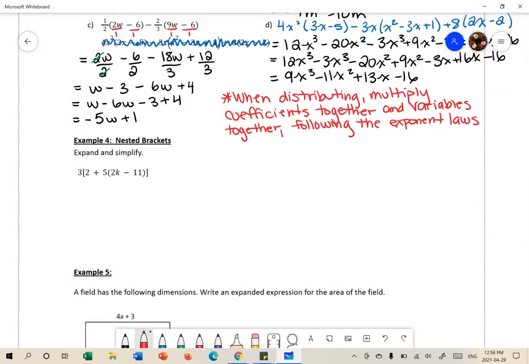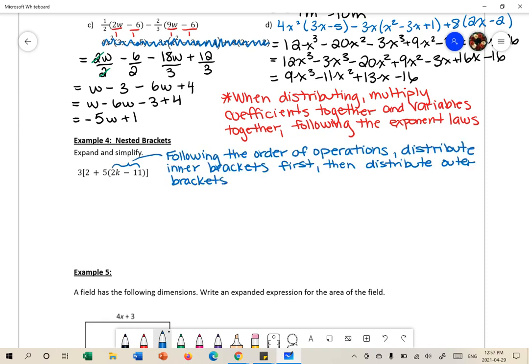Example 4. In this example, we have two sets of brackets. We're going to distribute the inner brackets first and then make our way out. So the coefficient 3 we will leave as is. Bracket, the 2 will stay as is. 5 times 2k is 10k, and 5 times negative 11 is negative 55.